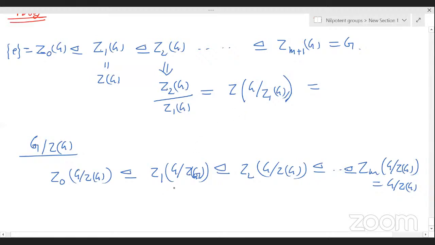Okay, and now what is Z1 G by ZG? Z1 G by ZG is the center of G by ZG. So as you can see here, the center of G by Z1G, where Z1G is equal to ZG, is nothing but Z1 of G by ZG. Okay, so you may see here Z2G upon Z1G is the same as Z1 of G by ZG.